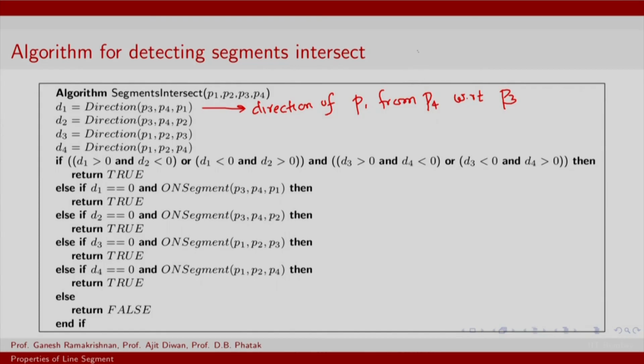And to remind you what this means, this means that we are pivoted at P3, we look at P1 minus P3 and P4 minus P3. If the cross product P1 minus P3 times P4 minus P3 is positive, then it means that P1 is clockwise from P4 with respect to P3.